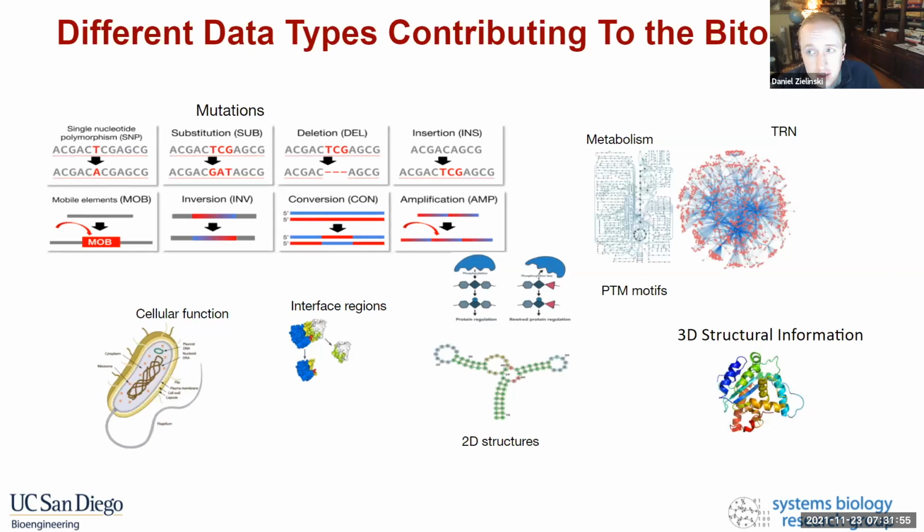So, more data types that are in the bitome, or more discussion of what these are. In addition to the raw sequence itself, we can map on any observed mutations. So these can be base pair substitution frequencies across all strains of E. coli. So you could say how frequently are certain base pairs mutated, or it can be adaptive laboratory evolution mutations.